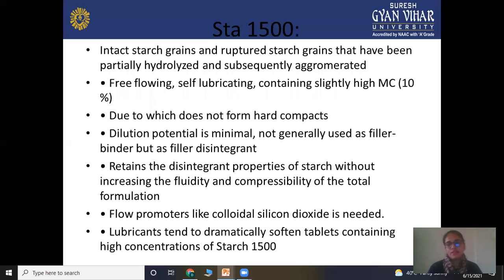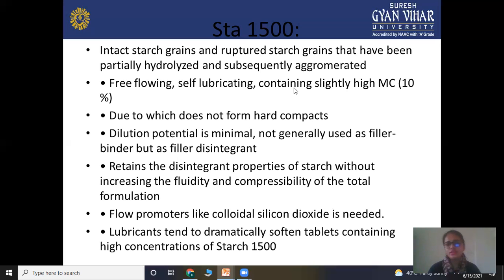Next is Starch 1500. It has intact starch grains and ruptured starch grains, and is partially hydrolyzed and subsequently agglomerated. It is again a starch form, or modified form of starch. It is free flowing or self-lubricating, containing slight cellulose, that is 10%.